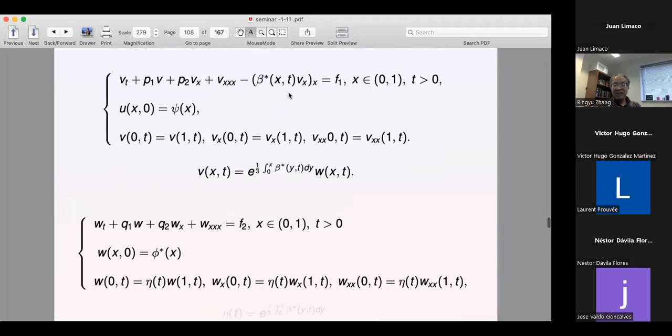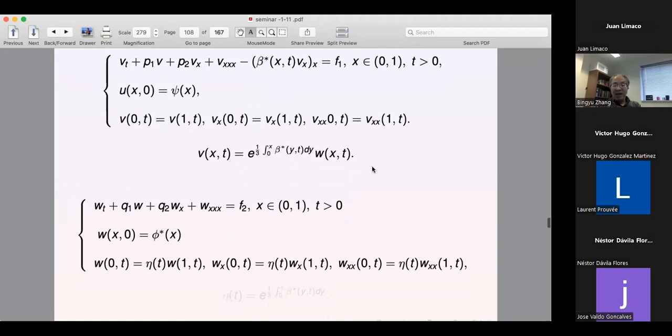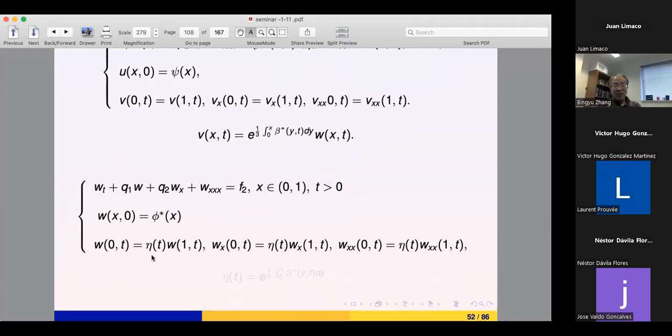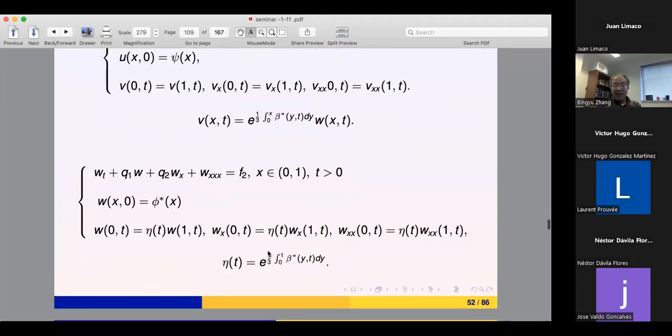As you can see, this kind of dissipative term disappears. It simply becomes a pure linear KdV equation. But here, the periodic boundary condition becomes this kind of boundary condition: w(0,t) equals eta(t) w(1,t), etc. Here, eta(t) is this guy, e to the 1/3 of the integral of beta star from 0 to 1.